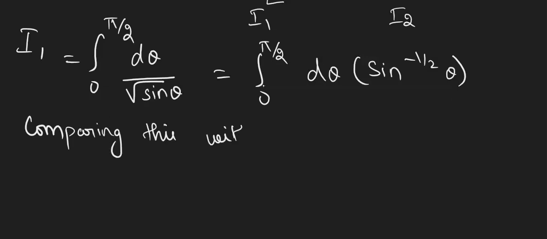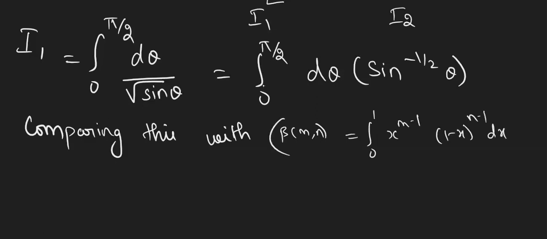You have two formulas for beta of m comma n. The first formula is integral 0 to 1 x power m minus 1, 1 minus x power n minus 1 dx. Is this matching? Nothing, everything is in terms of theta, so I am not going to use this formula.